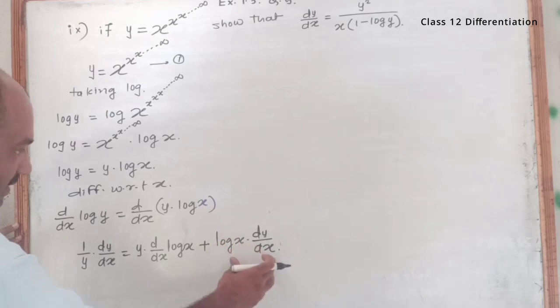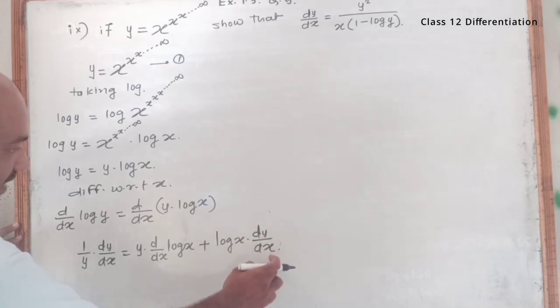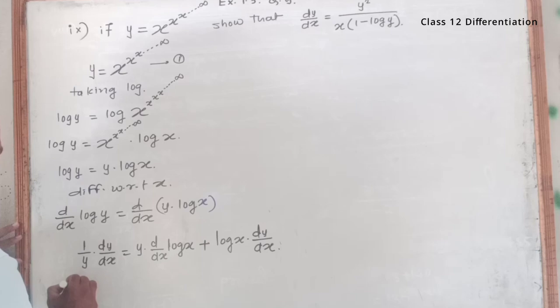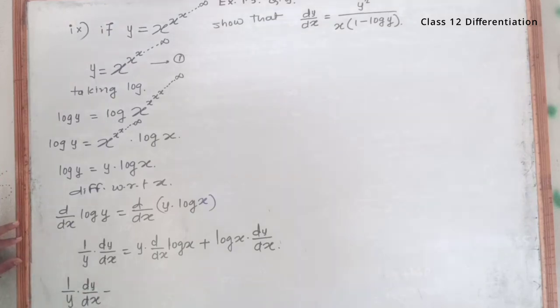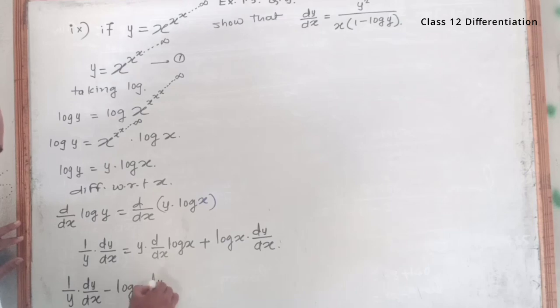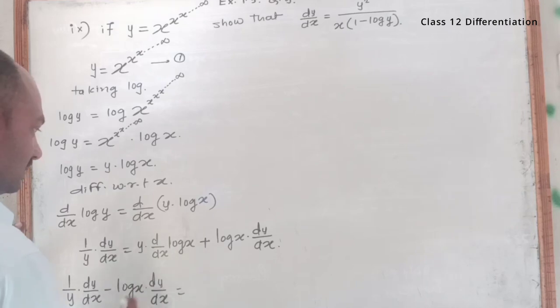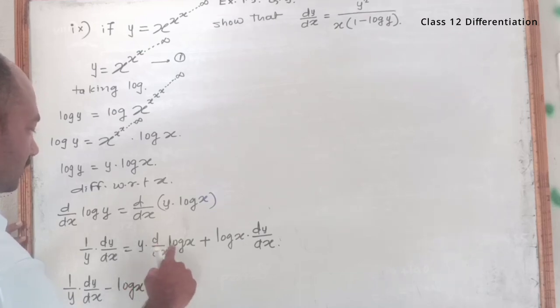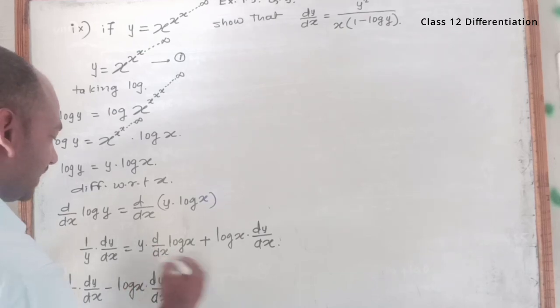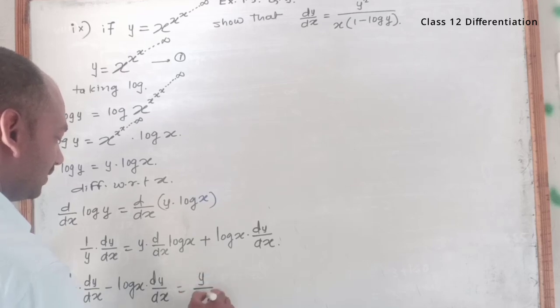So this part which contains dy upon dx, we have to take to the left. So 1 upon y into dy upon dx minus log x into dy upon dx. Now the derivative of log x is 1 upon x, so we have y upon x here.